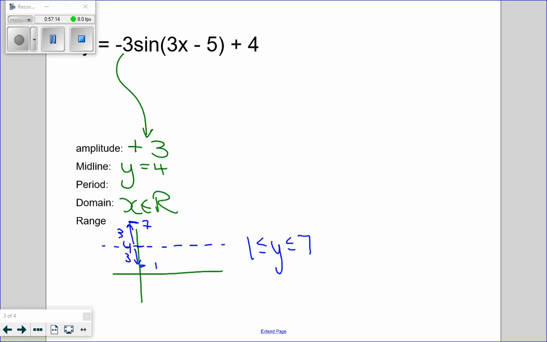I almost always do range with a picture, almost always. And then period, the formula is 2 pi over b. B is 3. So you can either leave it as 2 pi over 3, or if you punch it into your calculator, you'll get like 1 point something.